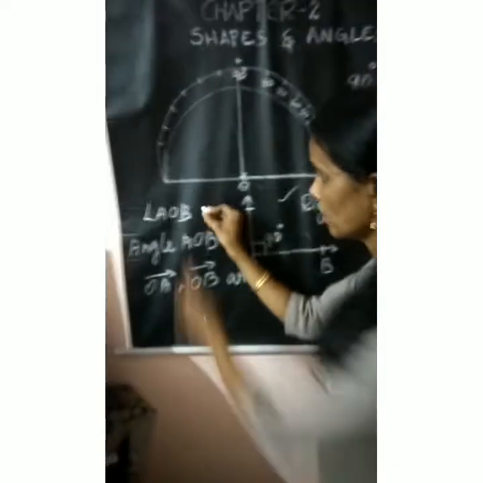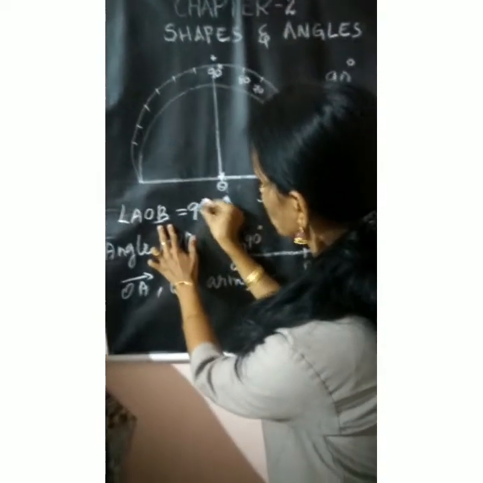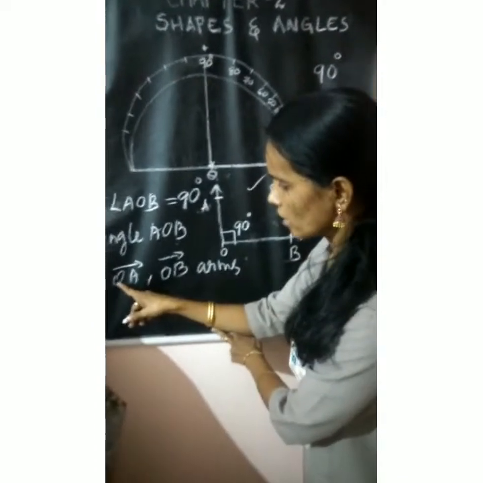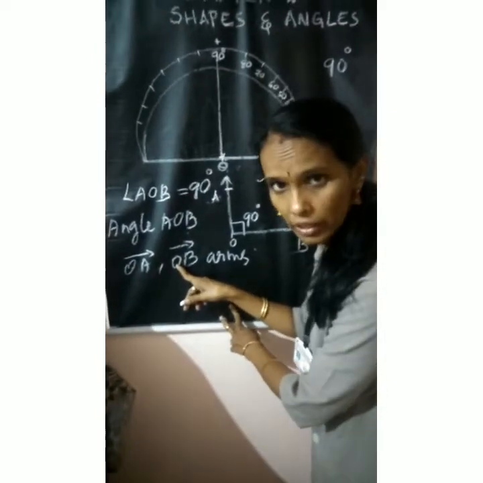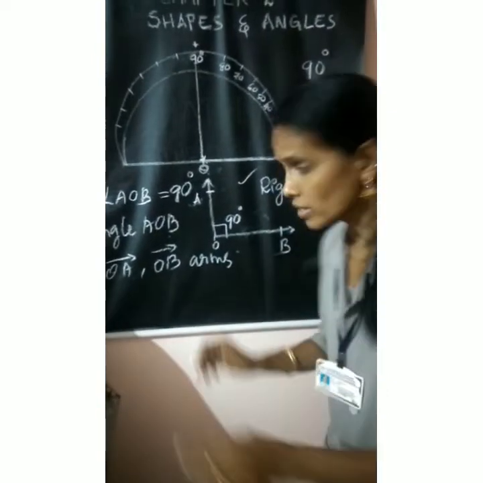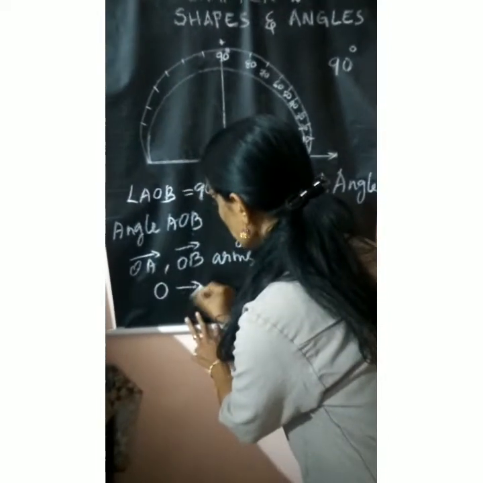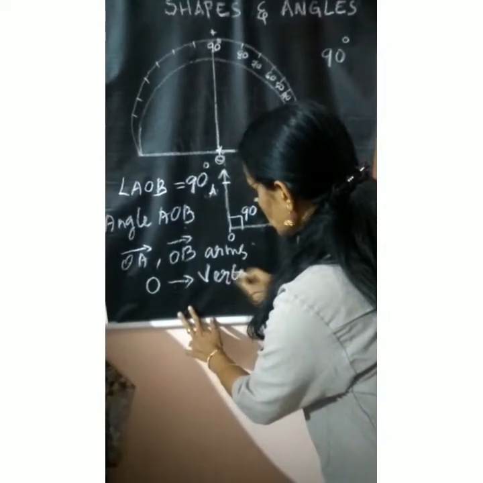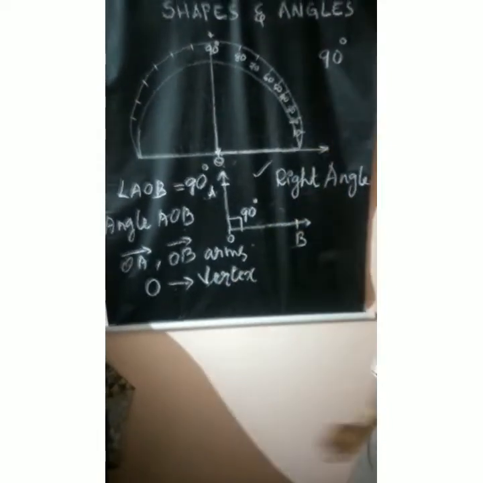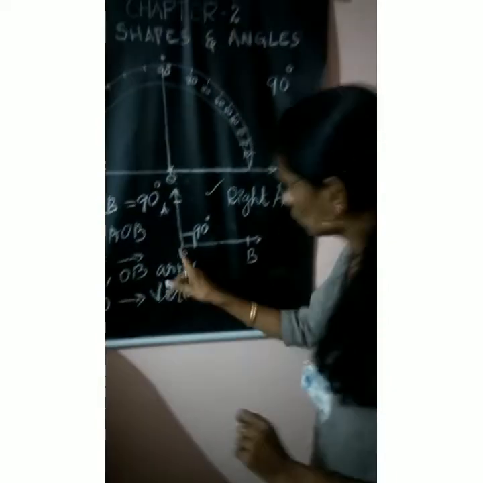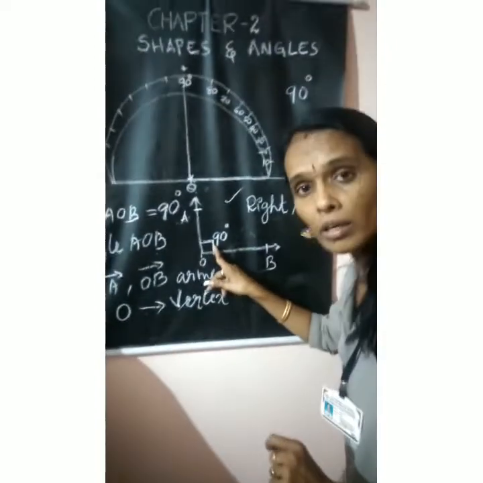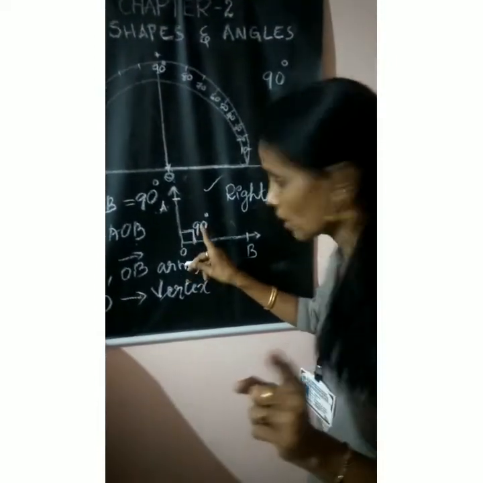This right angle is named angle AOB, whose measure is 90 degrees. Both arms of angle AOB start from the common end point O. OA and OB are arms, and the point O is known as the vertex of the angle. The vertex is what makes the exact angle. So this point O is the angle point, known as the vertex.